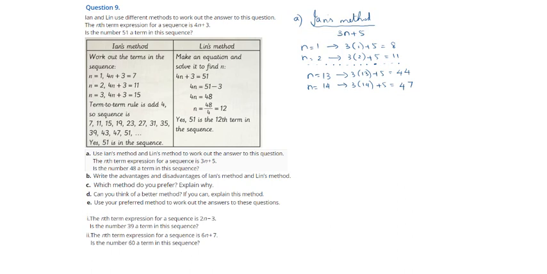Take n is equal to 15. It will be 3 times 15 plus 5. 3 times 15 is 45. 45 plus 5 is equal to 50.